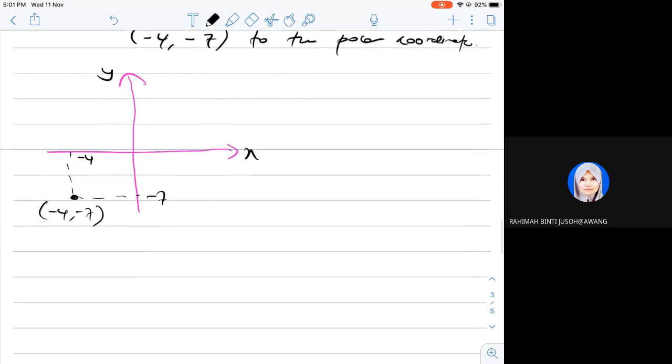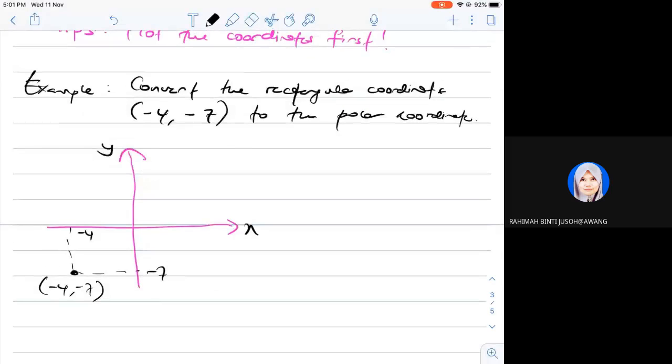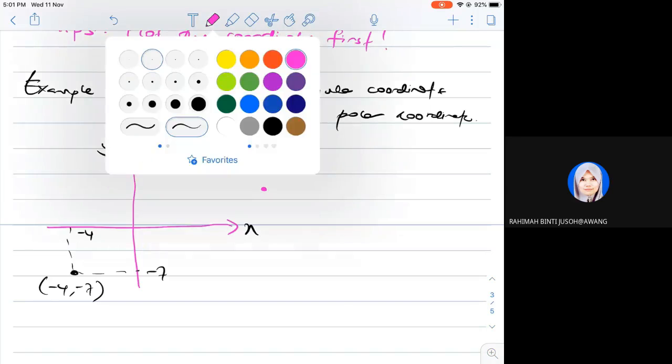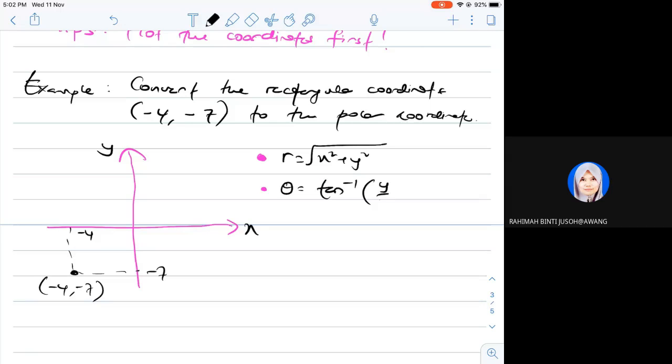All right. So now, the formula involved in this case is number 1, we have r equals the square root of x squared plus y squared, and then theta is equivalent to arctangent of y over x.